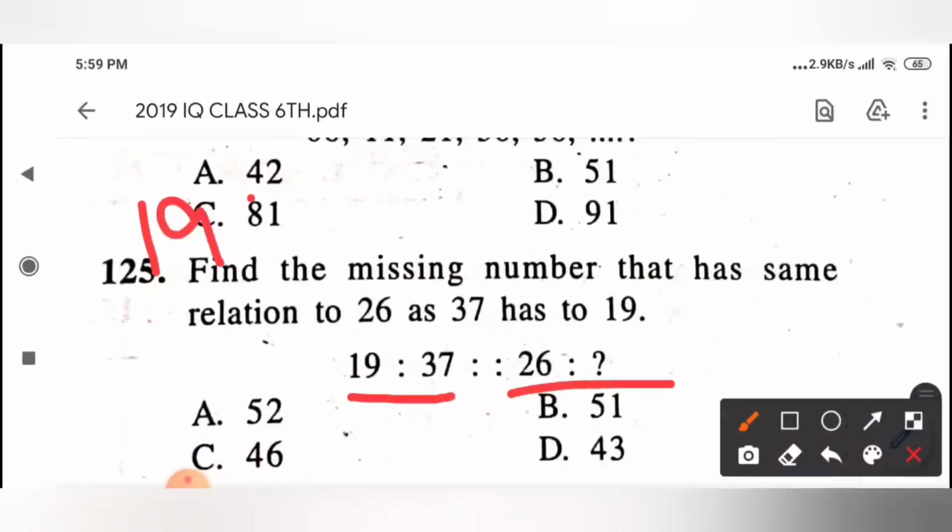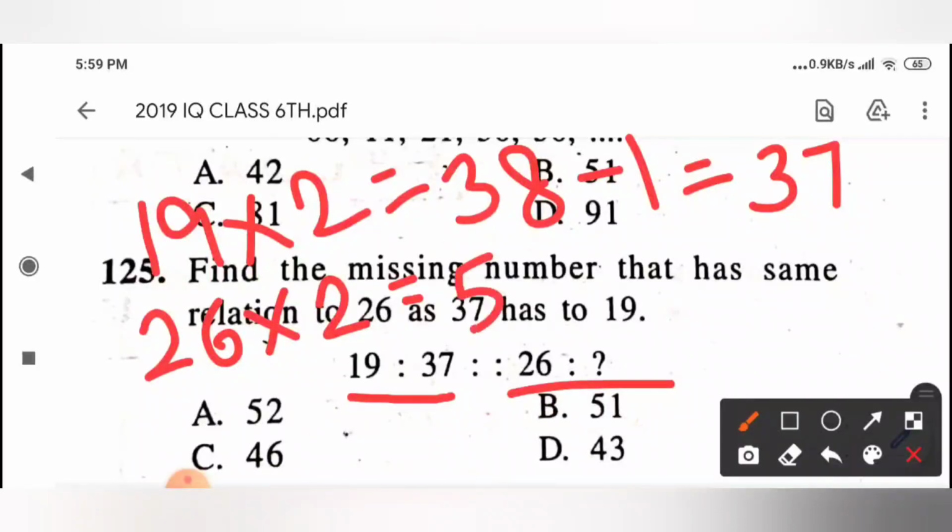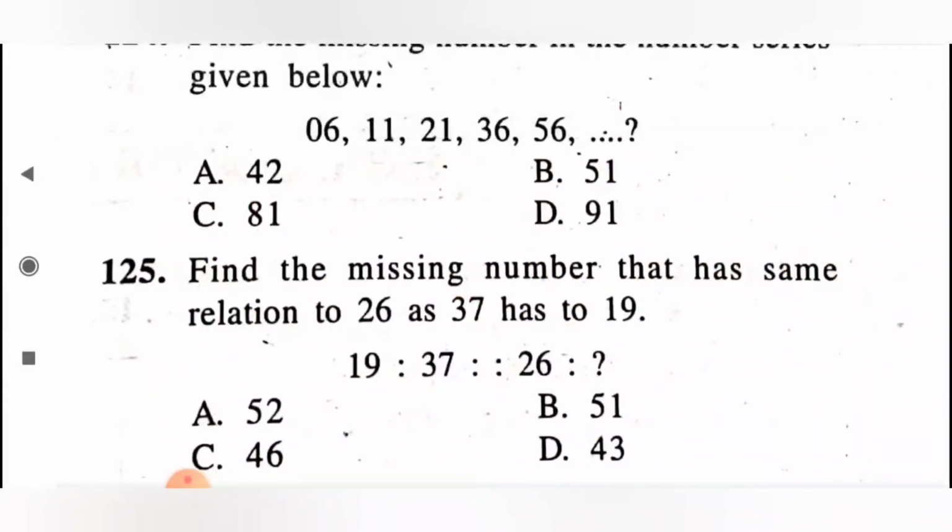Actually, 19 twos are 38 minus 1, 37. So we have to apply the same relation. 26 into 2 is 52 minus 1, 51. So the answer is option B, 51.